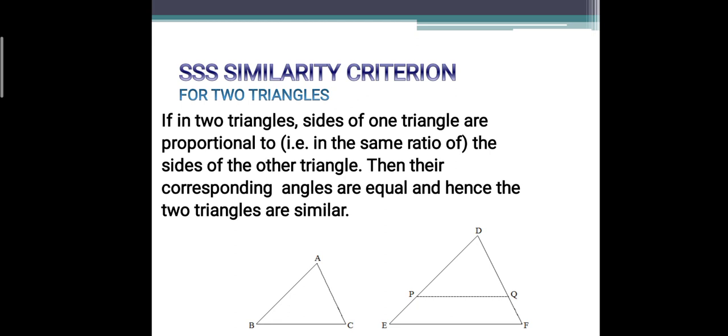It states that if in two triangles, sides of one triangle are proportional to the sides of the other triangle, then their corresponding angles are equal, and hence the two triangles are similar.